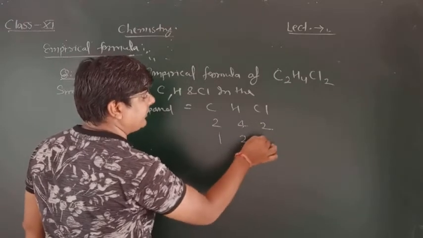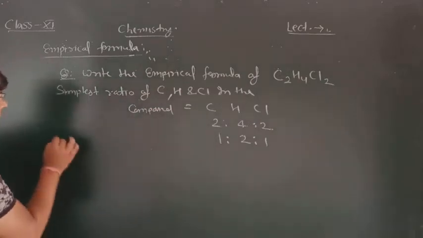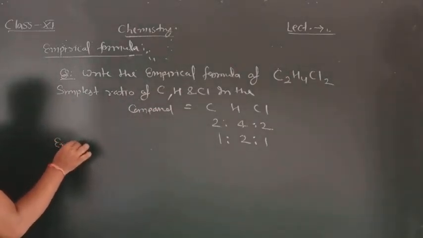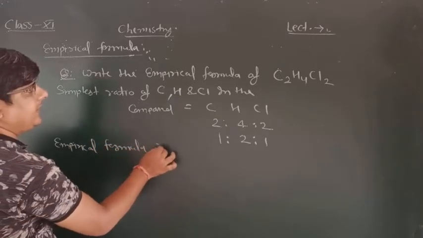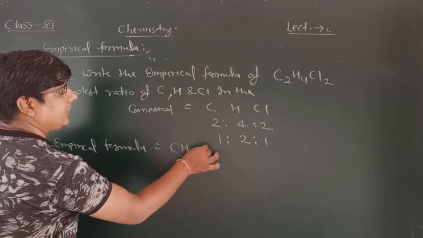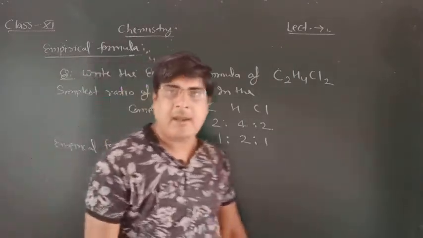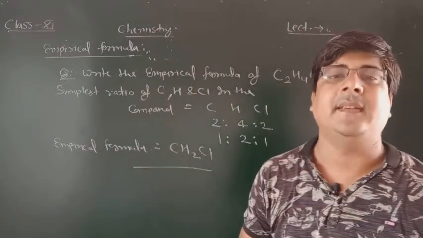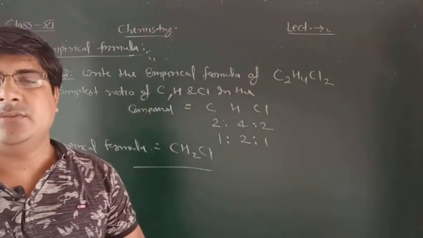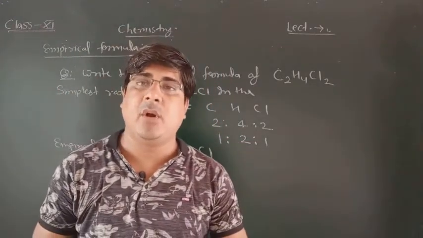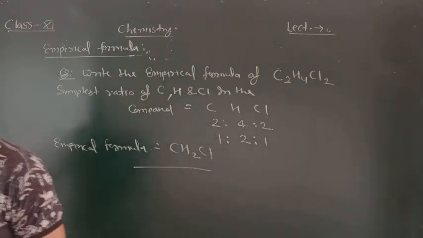The simplest ratio will be 1, 2 and 1. So the empirical formula will be CH2Cl for this compound. Okay, this will be the empirical formula of this compound. So take the screenshot for this. After that I will tell you how we can calculate the molecular formula from the empirical formula.